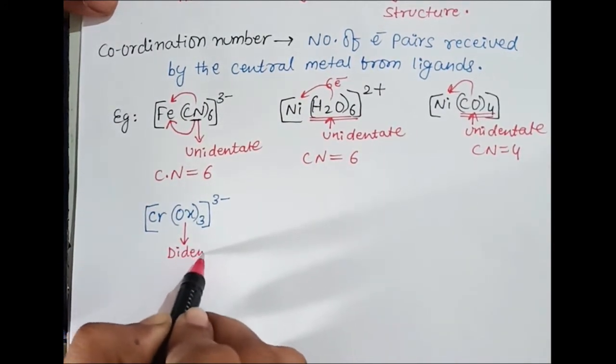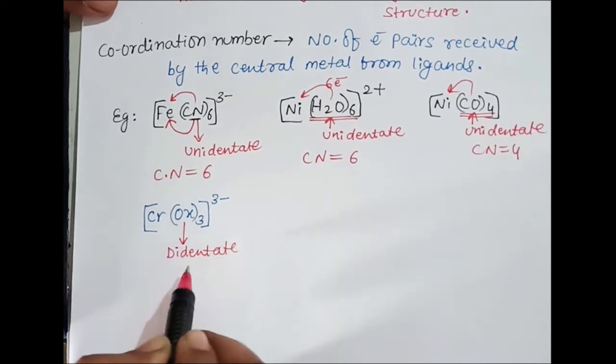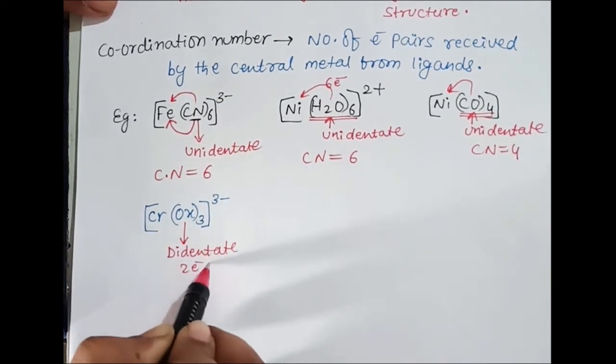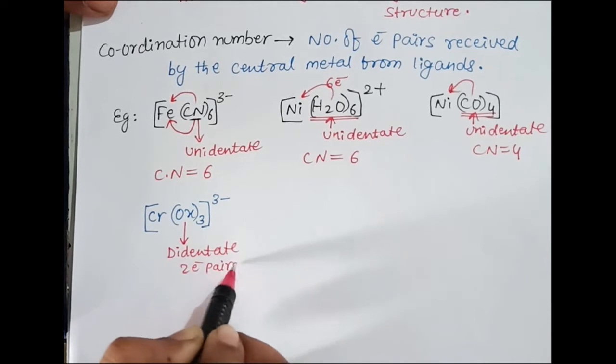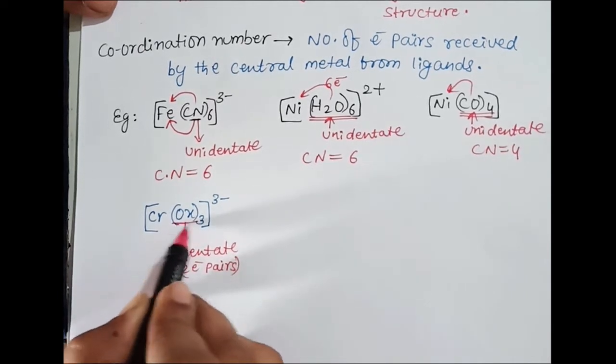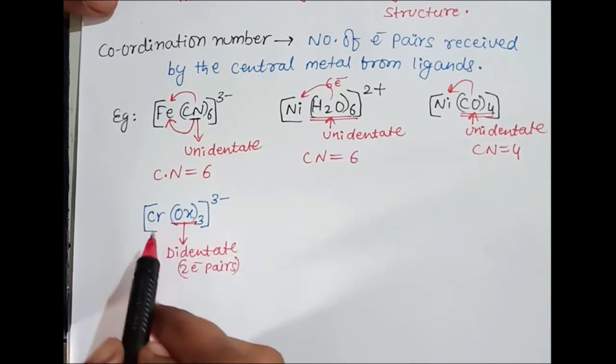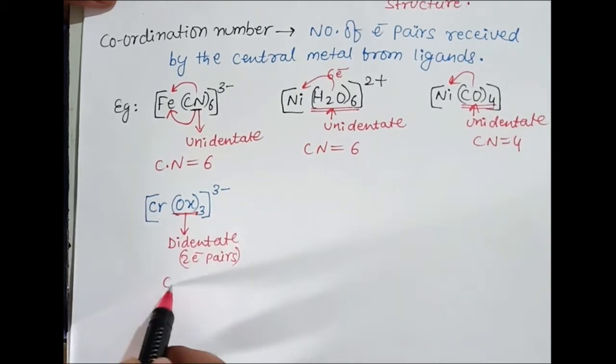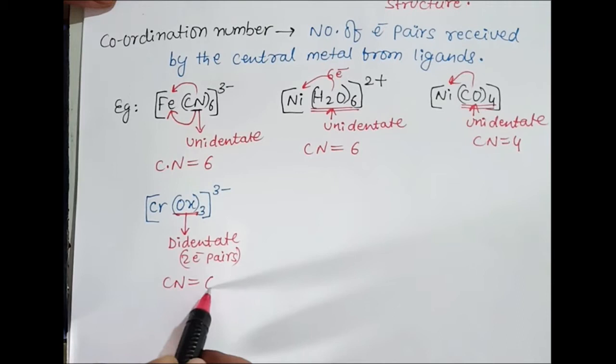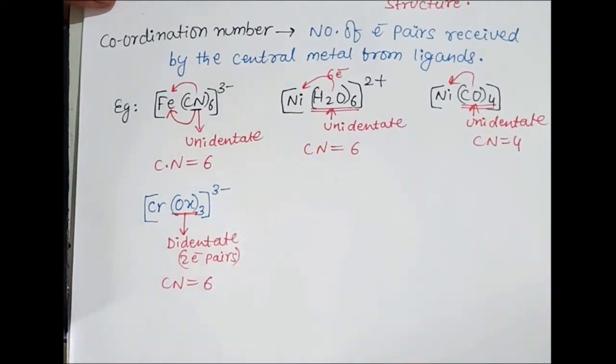Didentate ligand, correct. Didentate means it will donate 2 electron pairs. So each oxalate will give 2 electron pairs, and totally there are 3 oxalate ions. Therefore 6 electron pairs will come to the chromium. Therefore the coordination number of chromium is 6. Correct answer.